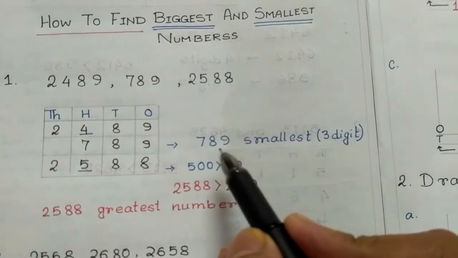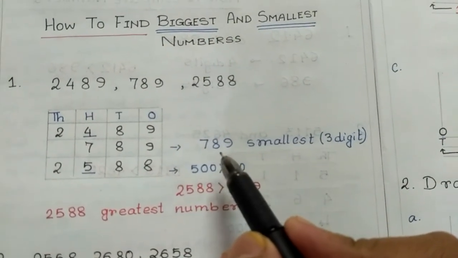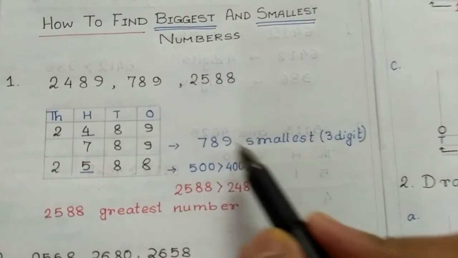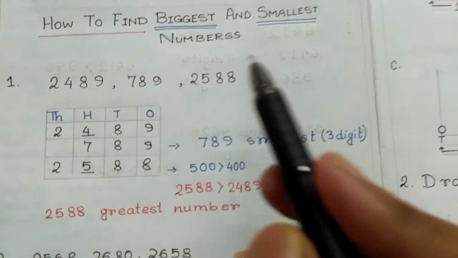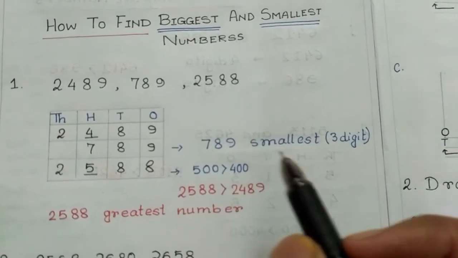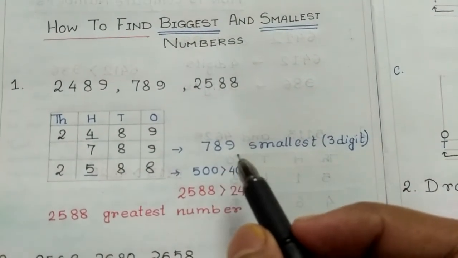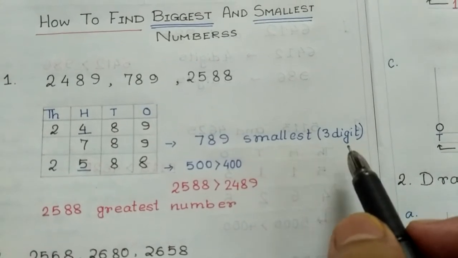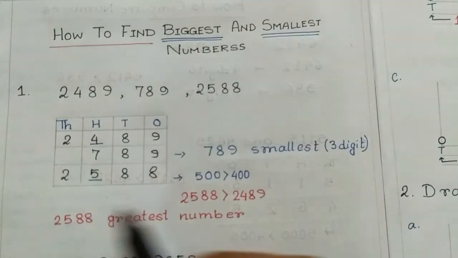How? Because 789 is a 3-digit number and the other two numbers are 4-digit. So easily we can say that 789 is the smallest 3-digit number in this segment.